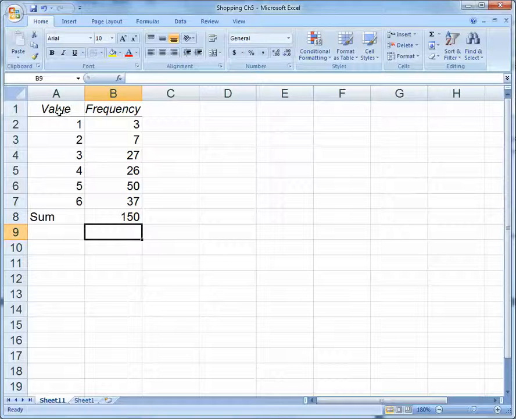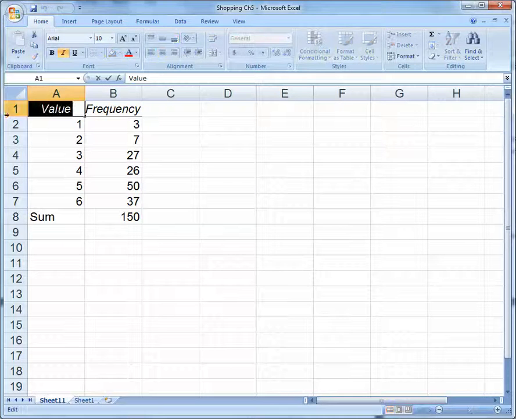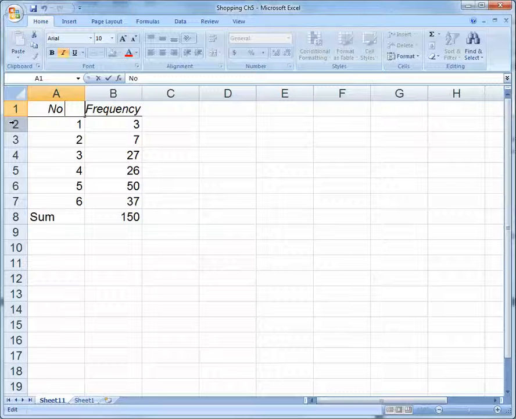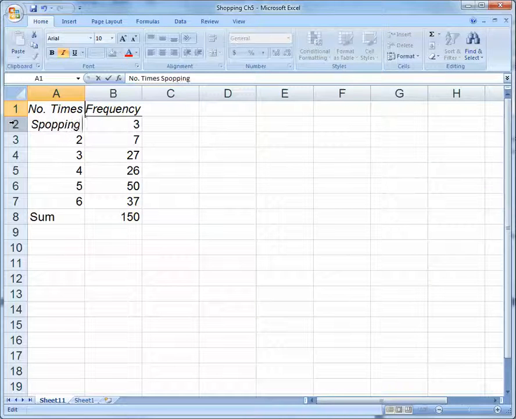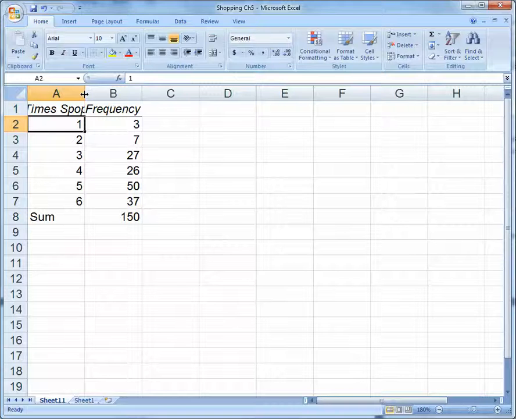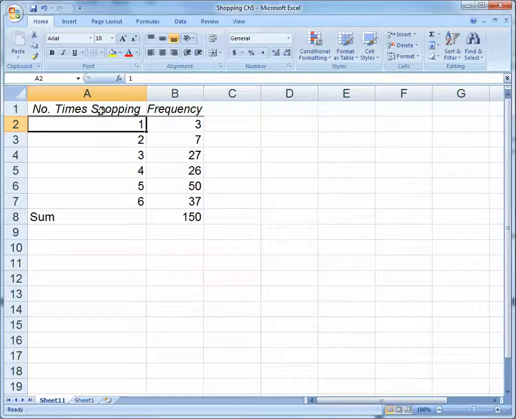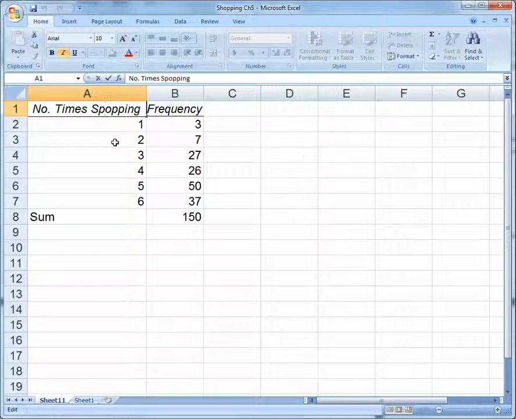Okay, let's clean this up. Instead of value, what have I really got here? I'm looking at shopping frequency, right? Number of times shopping. Ooh, I think I said spopping. Yeah, we'll clean that up. Shopping.